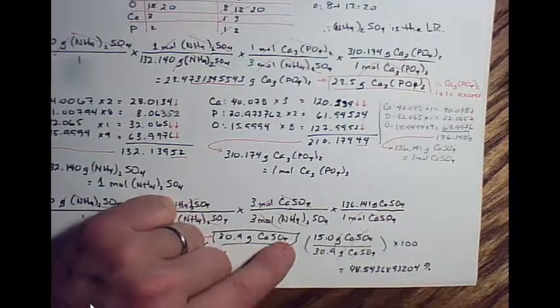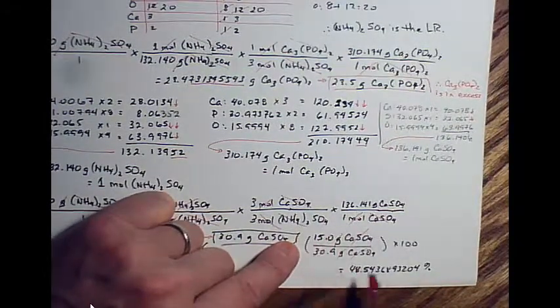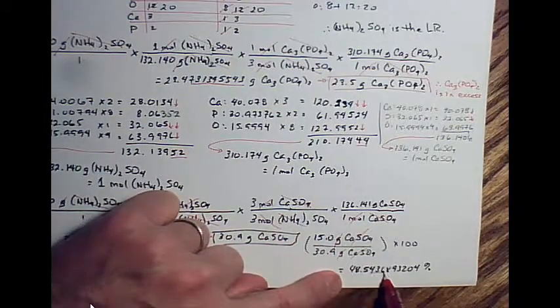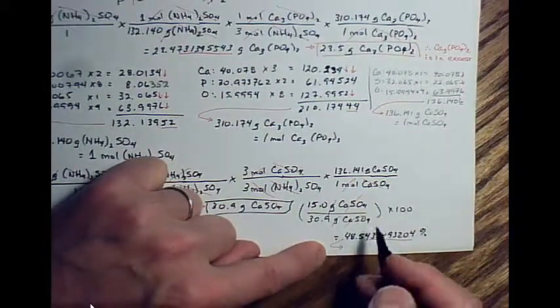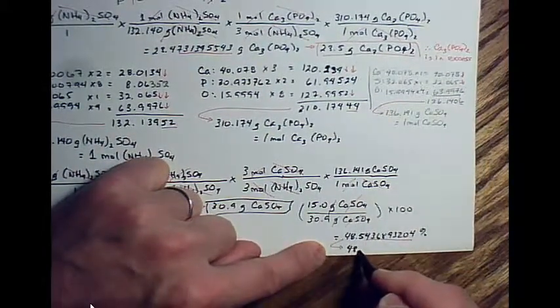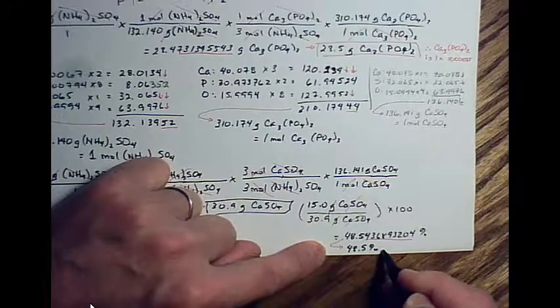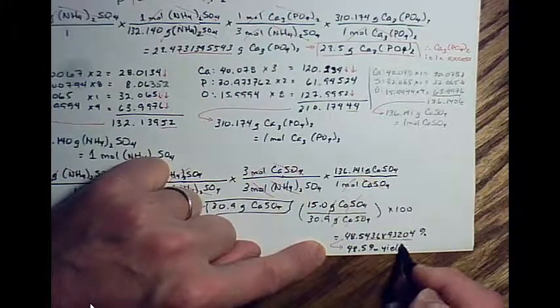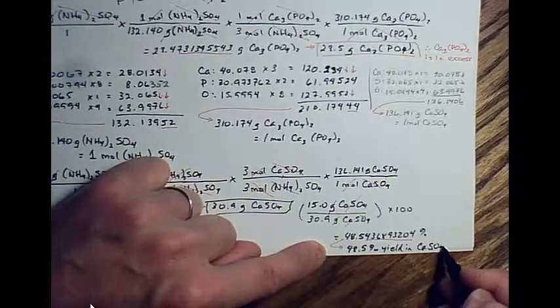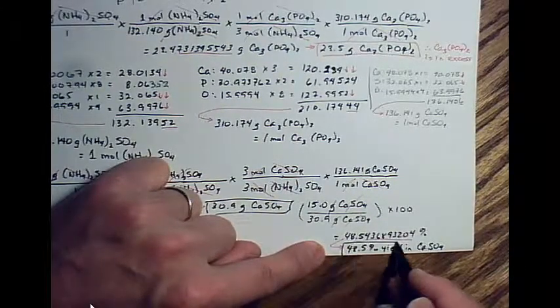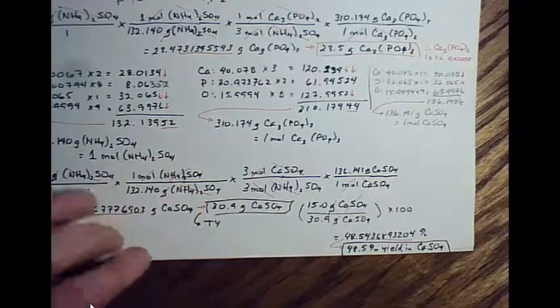We want to round that off to 3 significant digits because we're starting with 3 significant digits here. 1, 2, 3. Round it off. And we get 48.5% yield in calcium sulfate. And that's the percent yield.